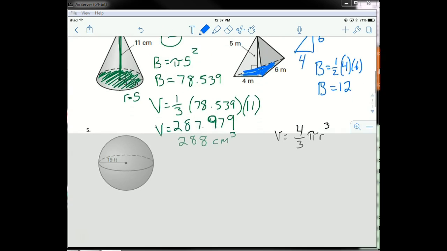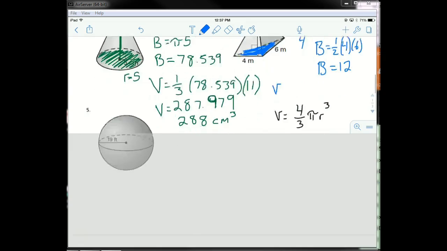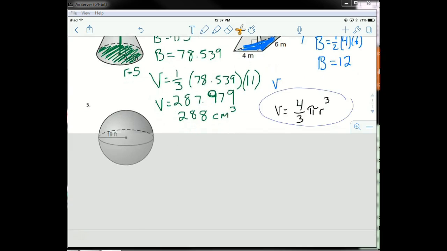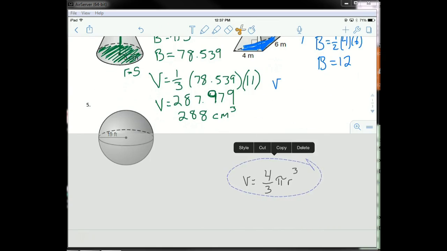The height is 5, and I can just put this into my formula. Volume, 1/3. The area of the base is 12.